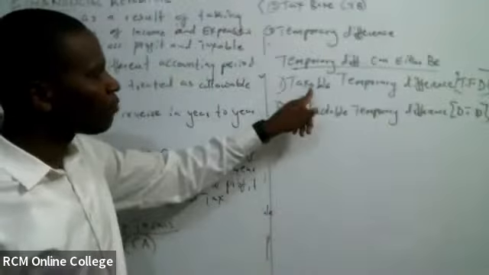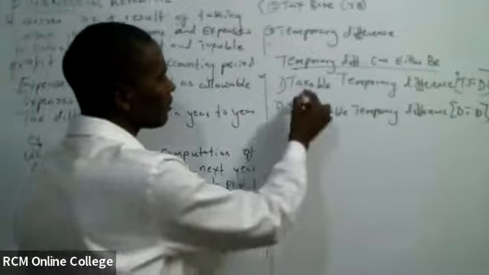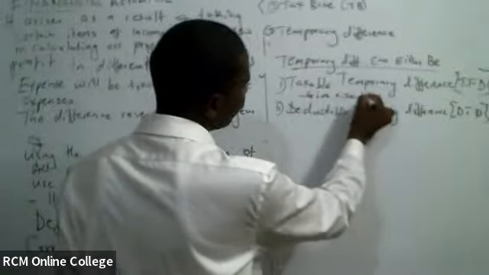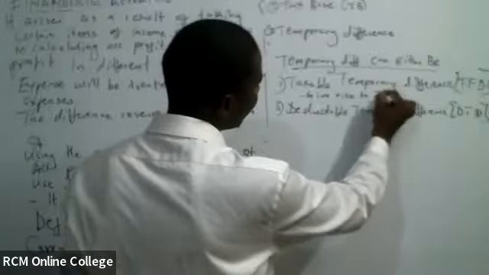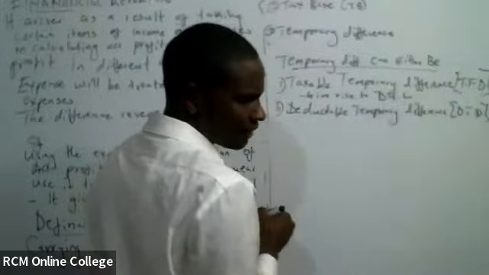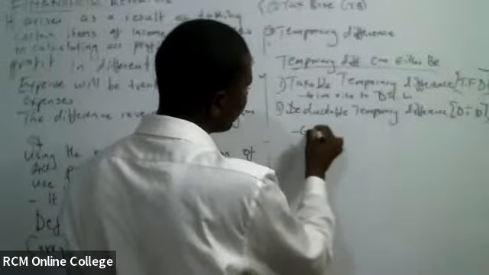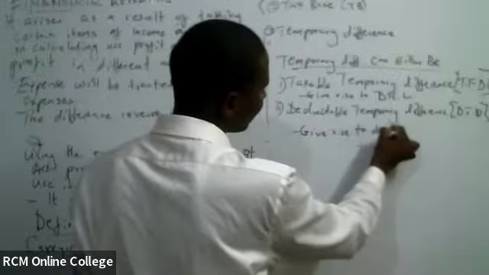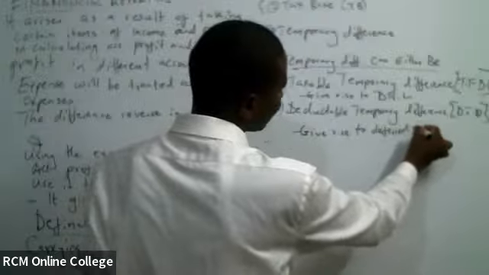No. The taxable one gives rise to deferred tax liability. This one, the deductible temporary difference, will give rise to deferred tax asset.